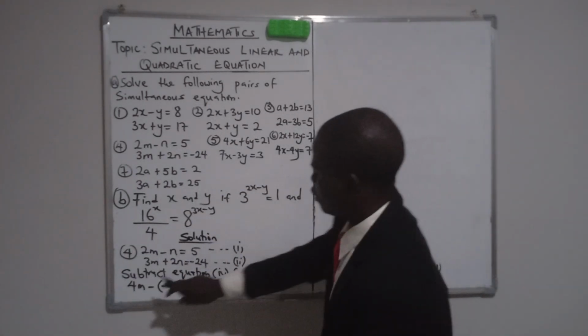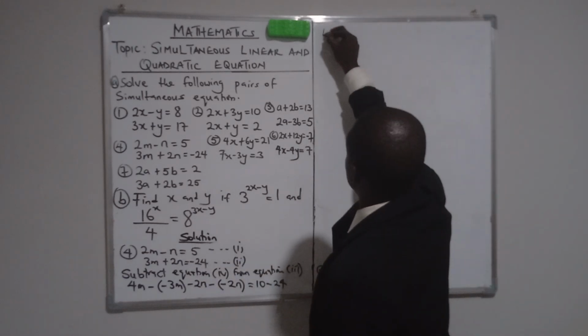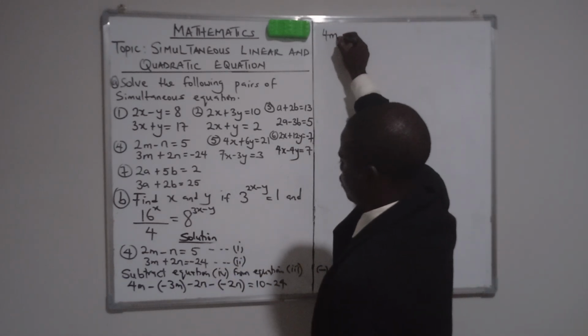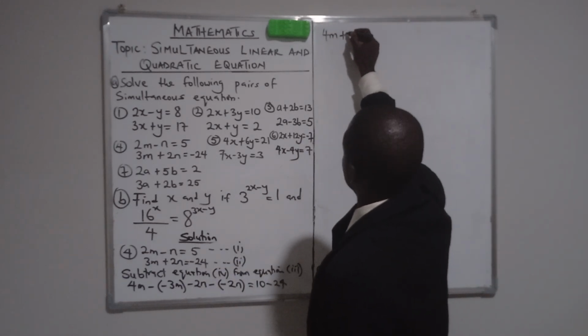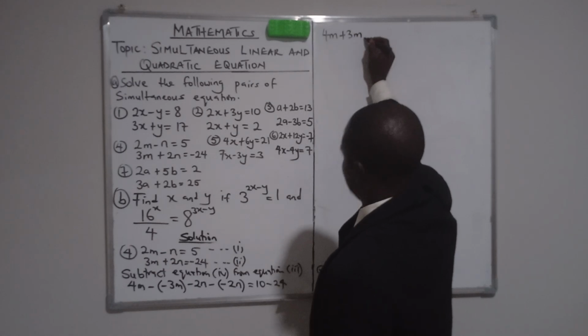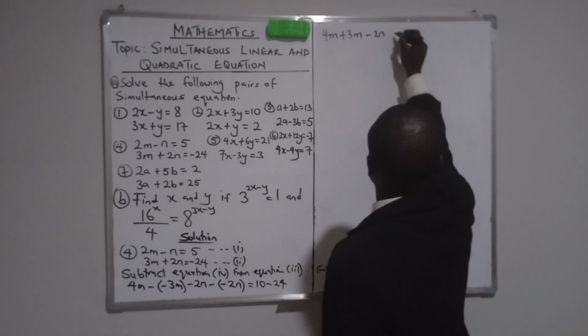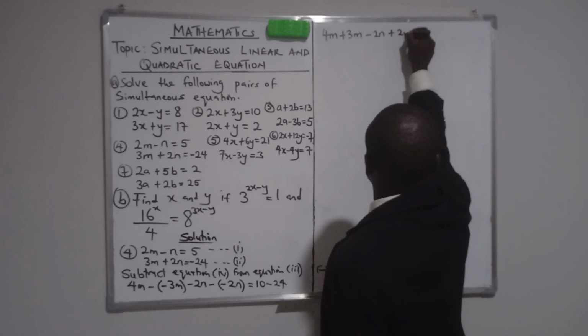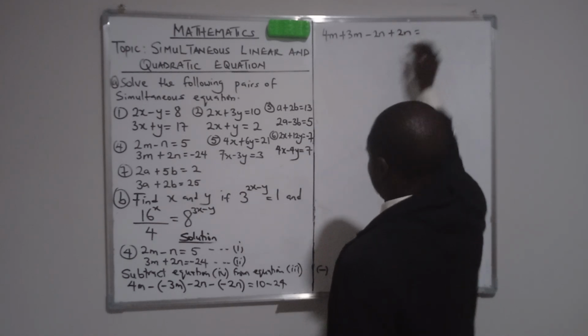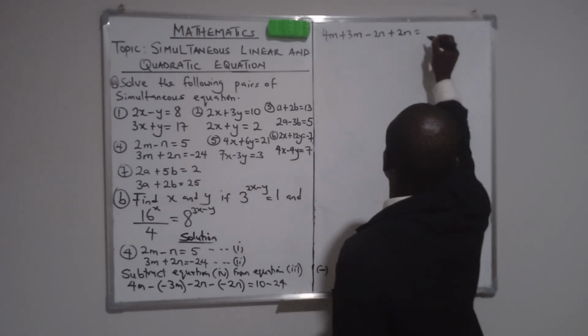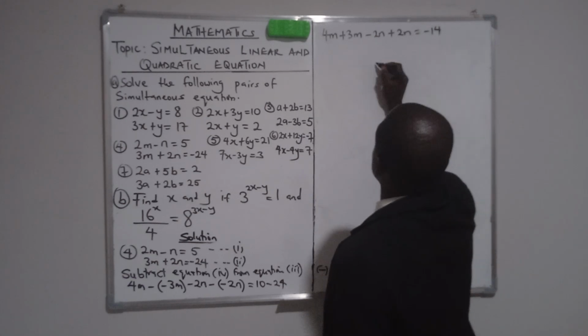When you get that, negative and negative turn to positive. 4m plus 3m, minus 2n, negative and negative positive, plus 2n equals 10 minus 24, that's minus 14.